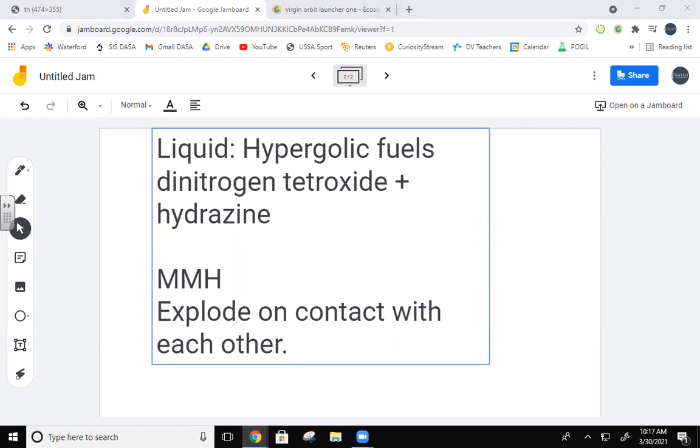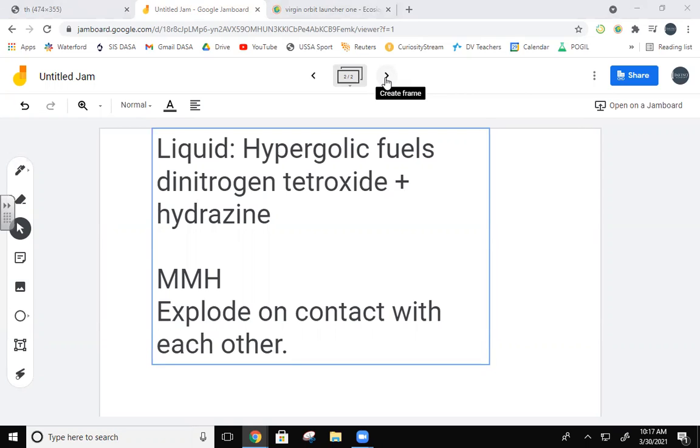But anyway, hypergolic fuels. They're pretty nasty. They will kill you, okay? Most space programs do not use hypergolic fuels, at least for their launch vehicles.